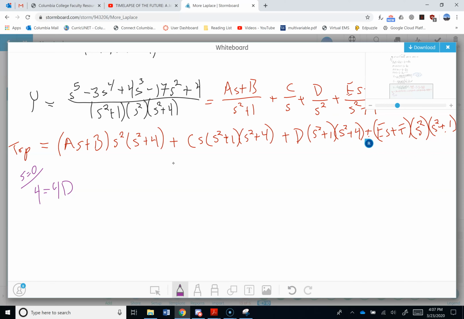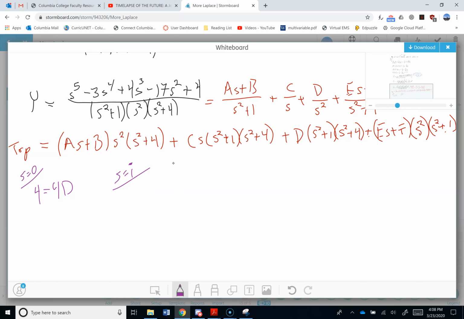You can do this cheater trick where you let S be i, because then i squared plus 1 is 0. Sure, let's get imaginary.